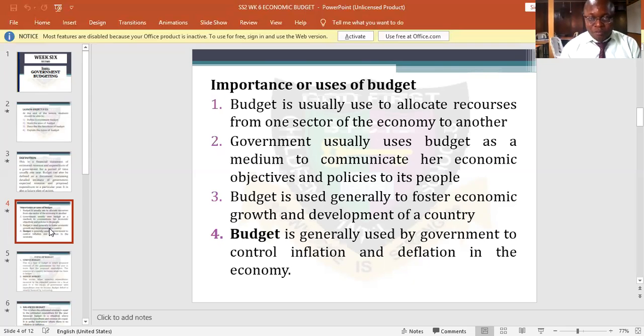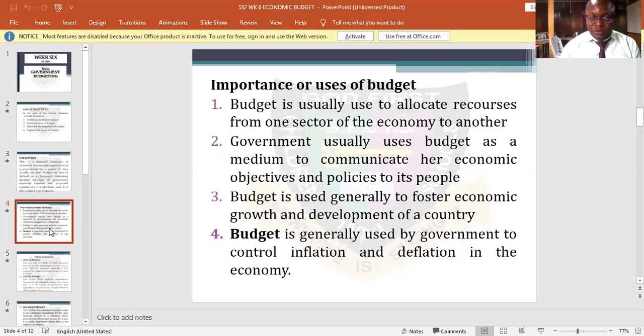The second one, they also use budget as a medium to communicate economic objectives and policies to the people living in that particular country.